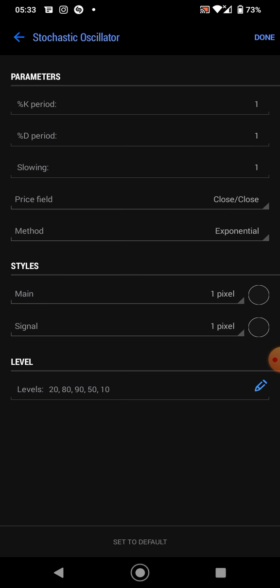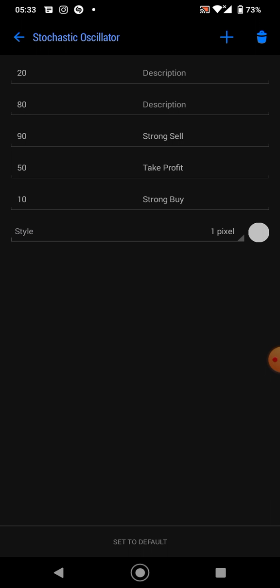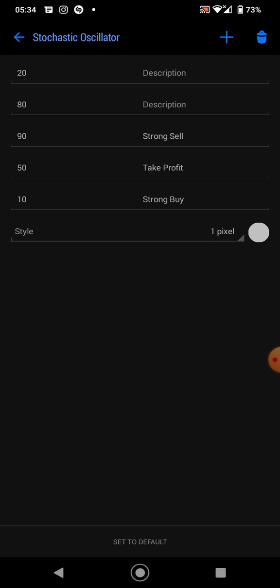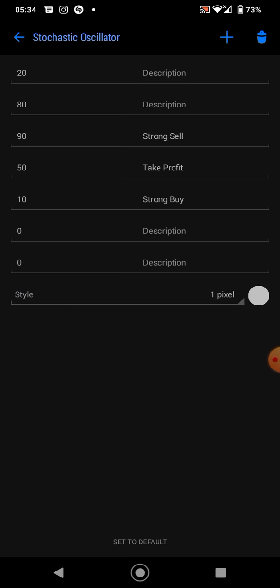On your levels, you press levels and you have the 20 level, 80, 90 for a strong sell, 50 for take profit, and 10 for strong buy. If you want to add levels to your stochastic oscillator, you press the bin first, press it again, and then add these plus icons.